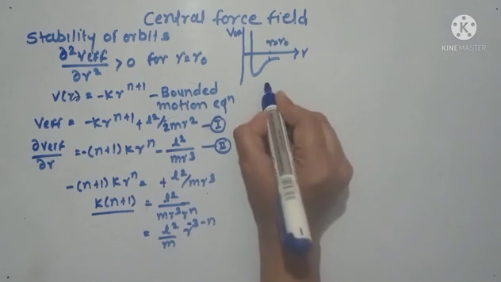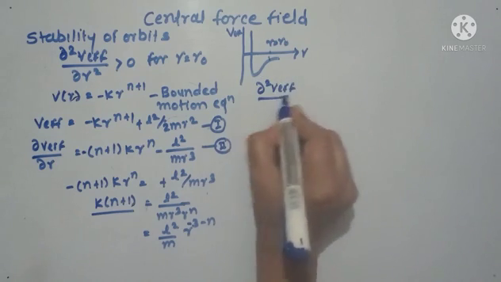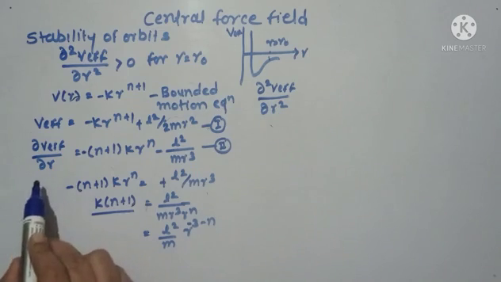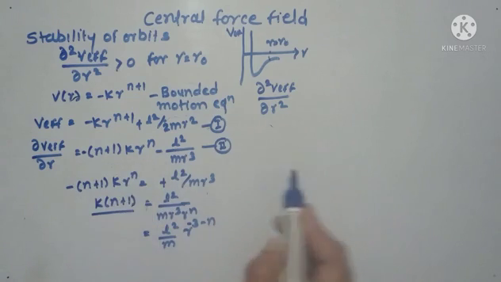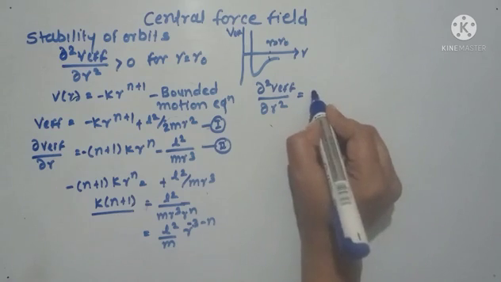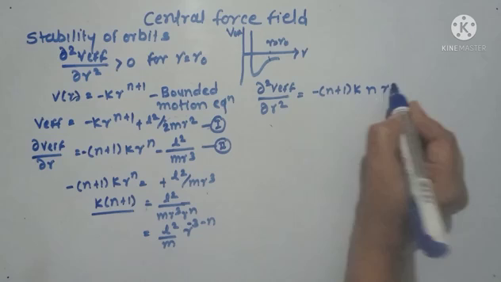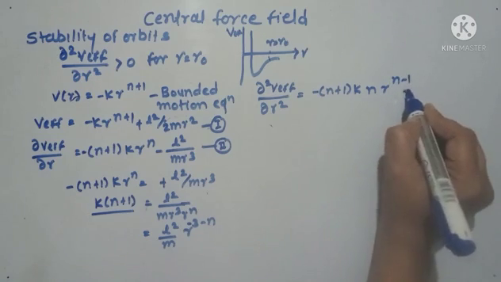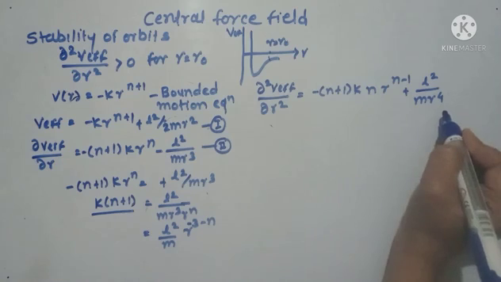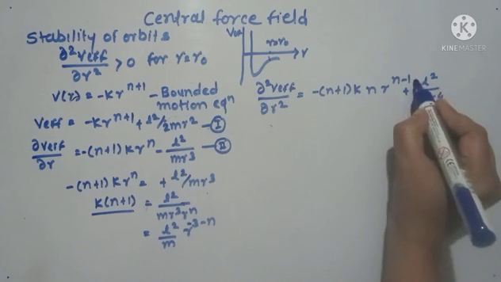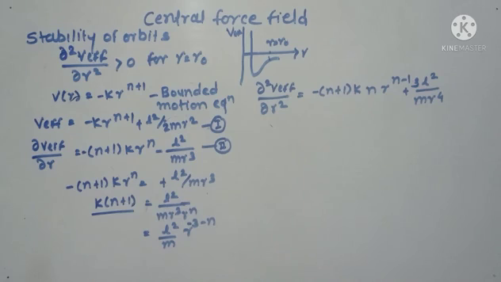Now let us take the differentiation, d square V effective upon dr square. From the value of dV effective upon dr, that will be minus n plus 1 k n into r raised to n minus 1 plus 3 L square upon m r raised to 4.